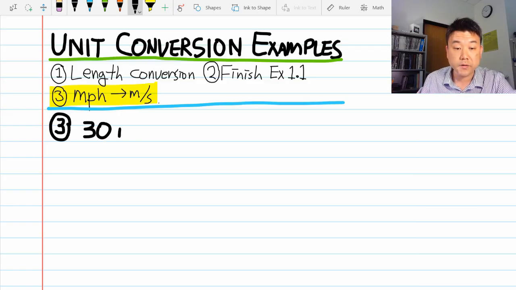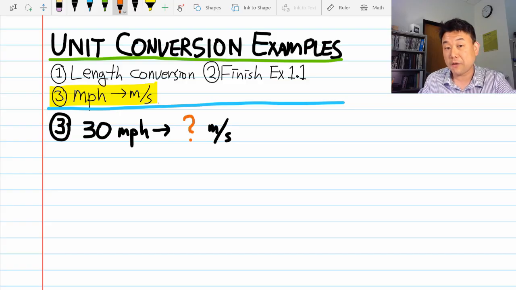So let's convert 30 miles per hour to whatever it is in meters per second. And this will also give you some useful, quick way to convert from miles per hour to meters per second. It's actually fairly easy once you know the numbers. So we are converting 30 miles per hour to meters per second.